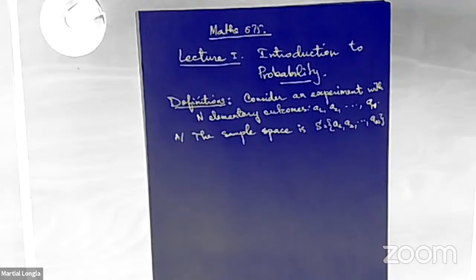So if I cast a die, for example, that has 6 sides, 1, 2, 3, up to 6, the sample space is the set of all possible 6 sides, 1, 2, 3, 4, 5, 6. If I toss a coin and I know that the coin cannot just fall and stand still, then there are only 2 possible outcomes, head and tail, and that's my sample space.